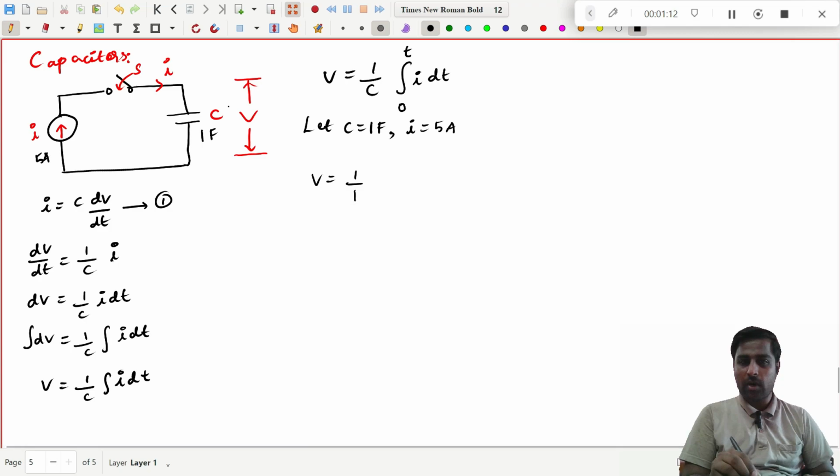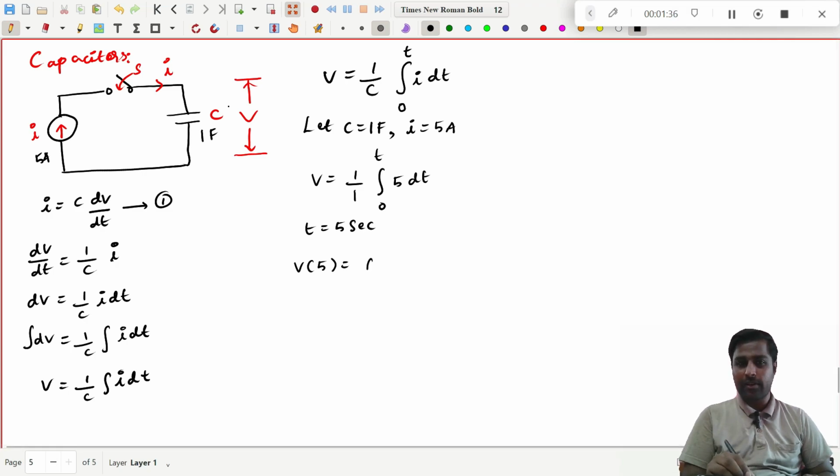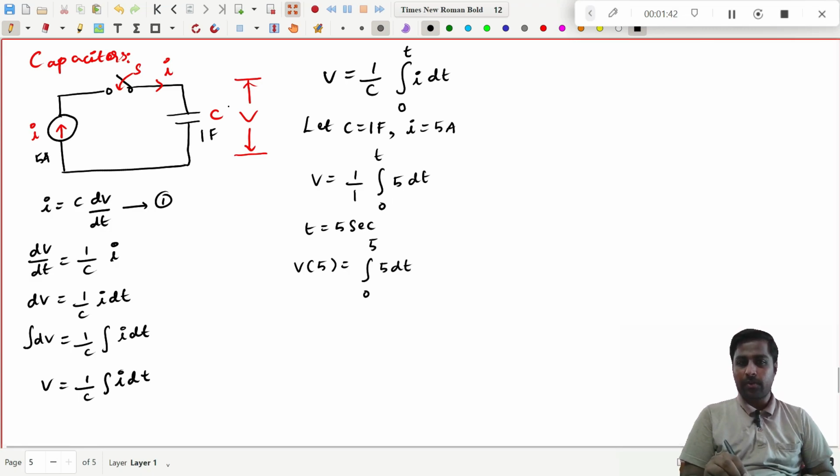1 by 1 integration of 0 to t, and this current will be 5 into dt, right? Now I need to find what is the voltage at 5 seconds. So t is equal to 5 seconds. At 5 seconds, V of 5 will be equal to, this 1 by 1 will be 1, we don't need to write that. So this becomes integration 0 to 5, 5 into dt, right?